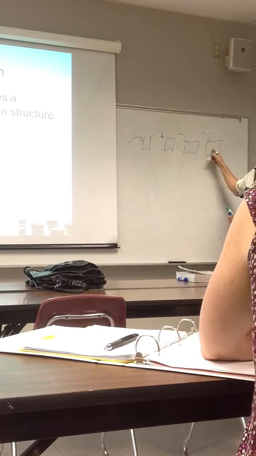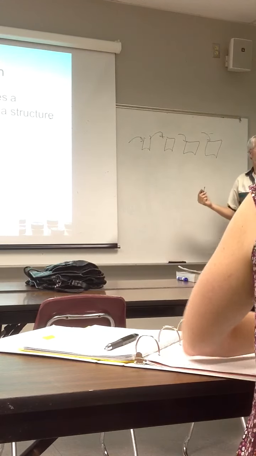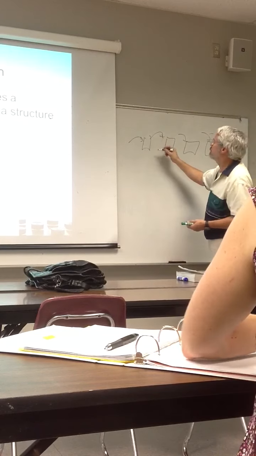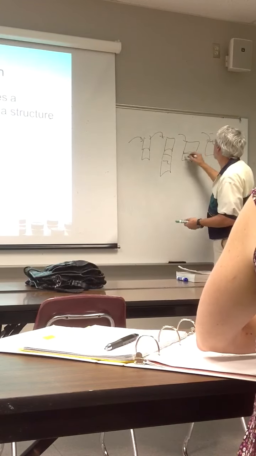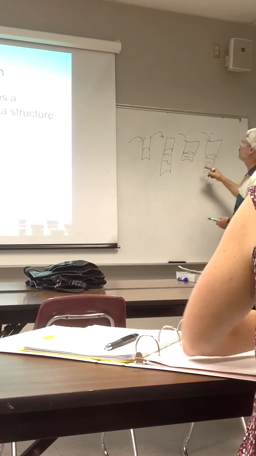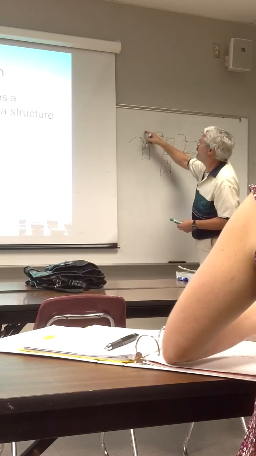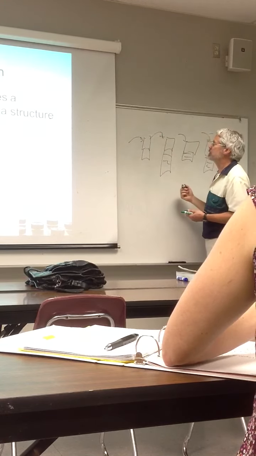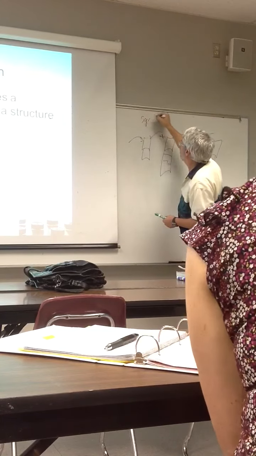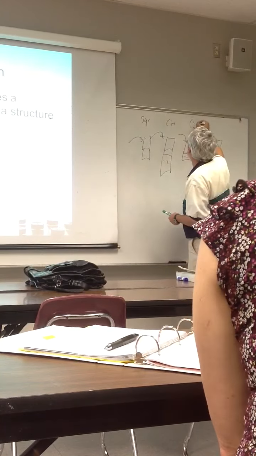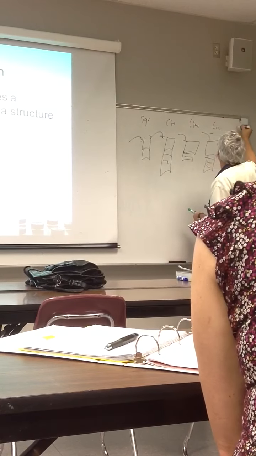So they were all the same. However, in polymorphism, you might want to have a list of things that are not all the same things. For example, if you had a list of objects that you wanted to draw on the screen, and this was a square, and this was a circle, and this was a line, and this was a letter.